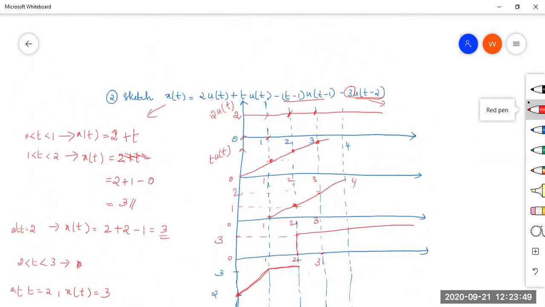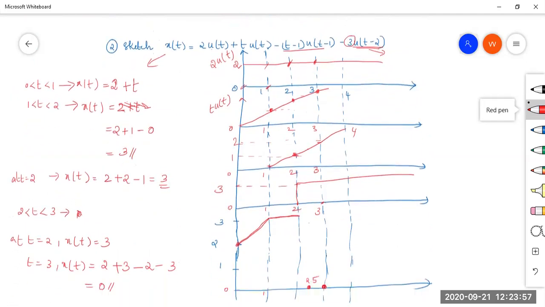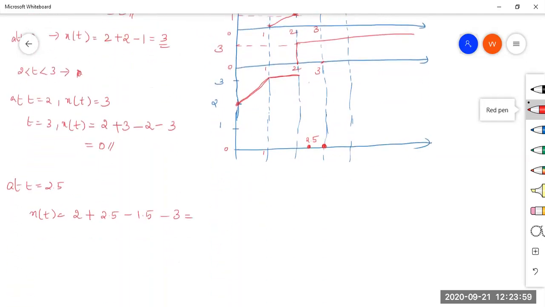At 2.5, the value is 2. Here it is 0, 2.5. Here it is 1.5. Here it is 3. Okay. So this is 4.5 minus 1.5. 4.5 minus 1.5 is 3.